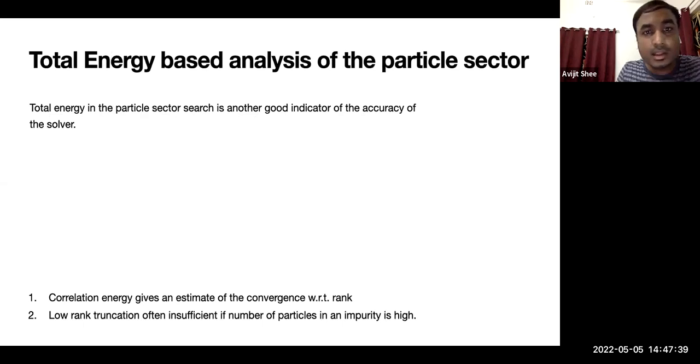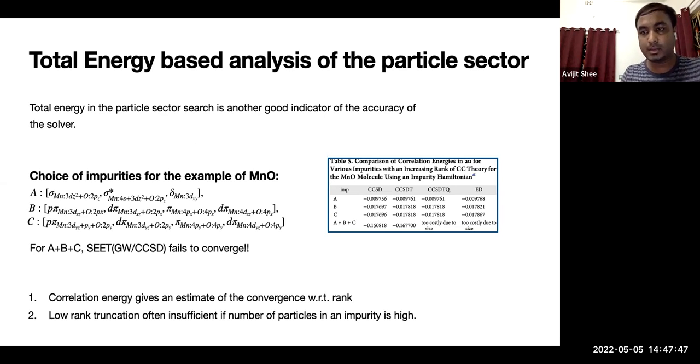The next is that total energy based analysis of the particle sector is also another useful analysis. This is an indicator of accuracy and also an indicator of convergence with respect to the rank. Here the example I have taken is manganese oxide.